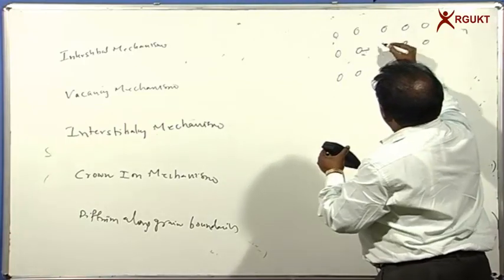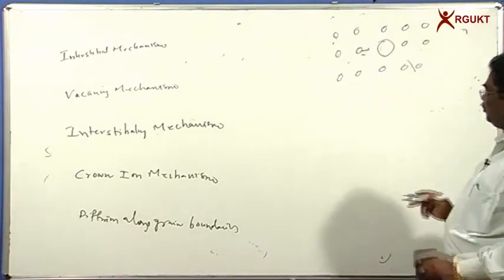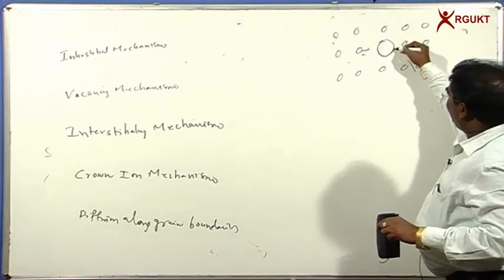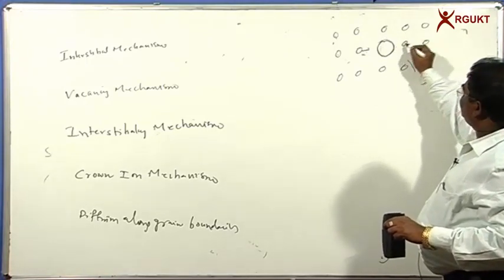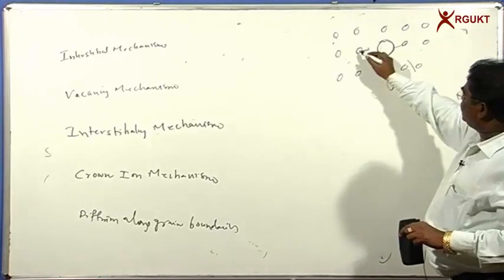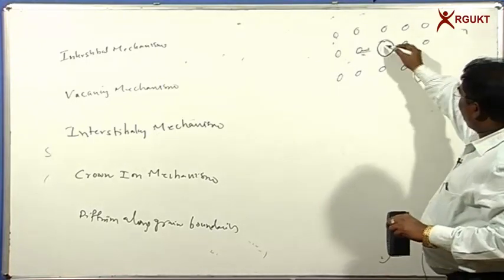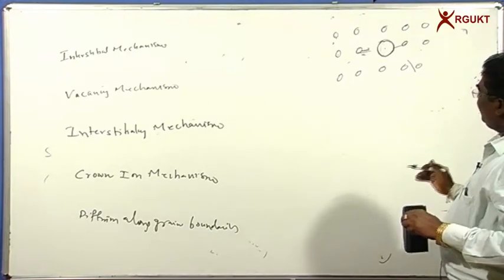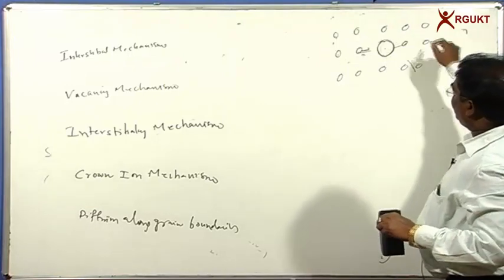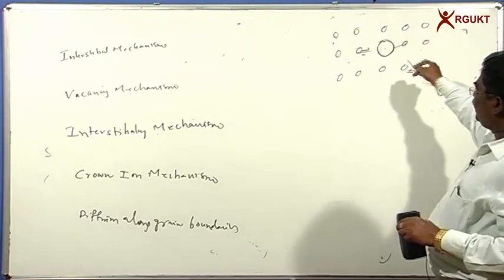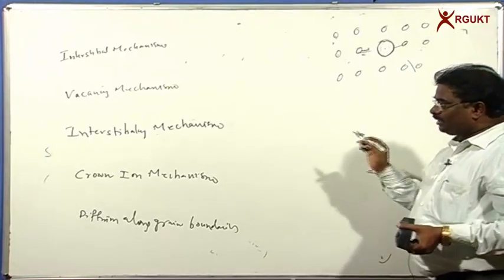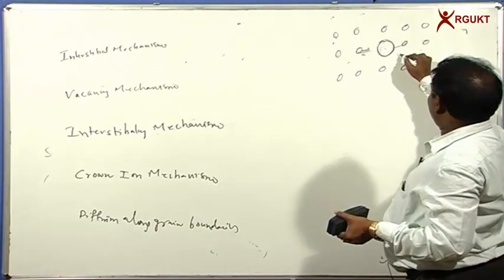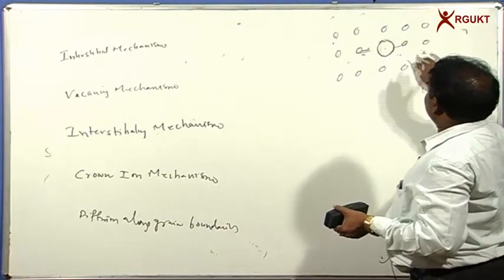This bigger molecule is so bulky that it pushes the other molecules into the lattice sites. When it pushes this molecule, that one occupies this site, and another molecule comes here. Ultimately these molecules have a permanent movement, and that is what we call diffusion. So in the interstitialcy mechanism, a big molecule present at an interstitial site pushes the other molecules.